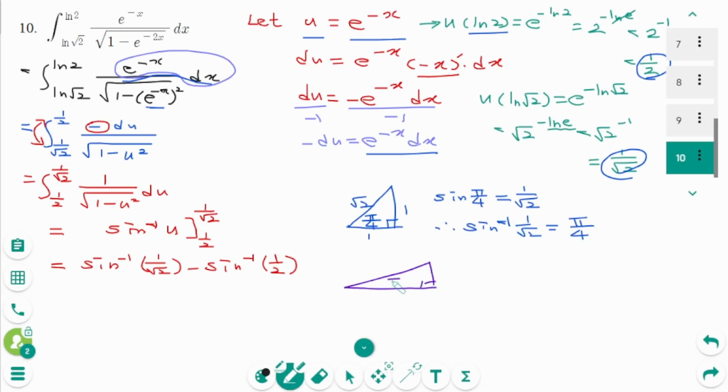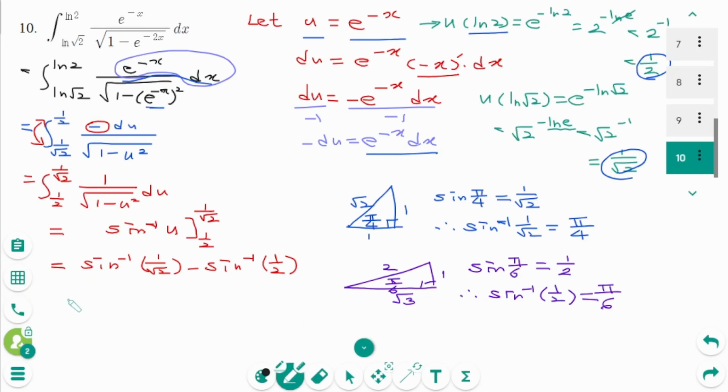When theta is pi over 6, the ratio of the triangle is 1, square root of 3 and 2. Then sine pi over 6 equals 1 over 2. That means arc sine of 1 over 2 equals pi over 6.